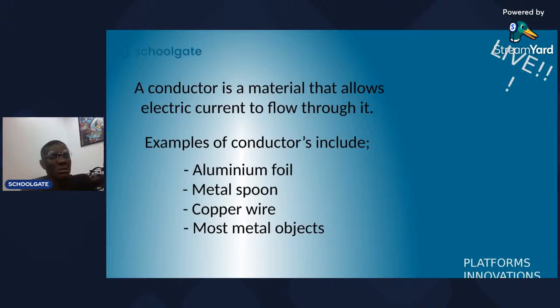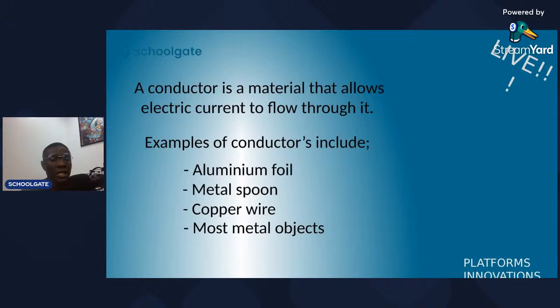Also most metallic objects. You can see this paper clip is a metal object. If you notice very well, all the items we've identified as conductors are metal in nature, and hence they allow the flow of electric current. So whenever you see a metal object, it is most likely going to be a conductor.